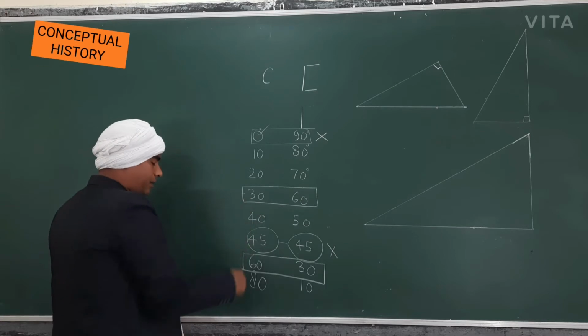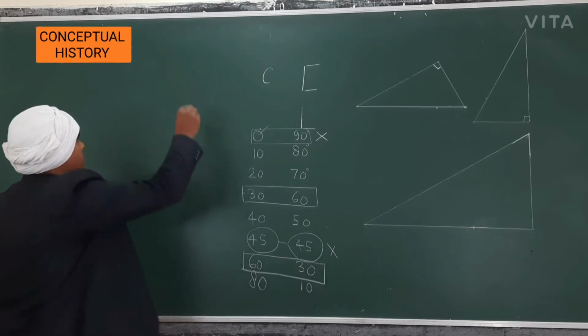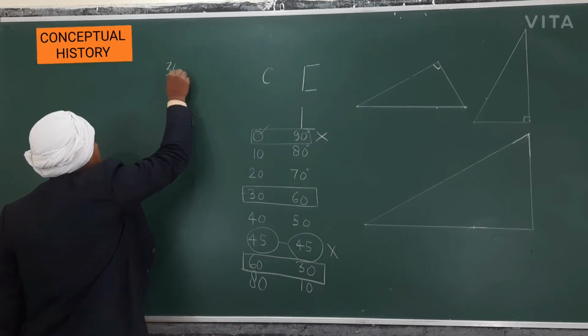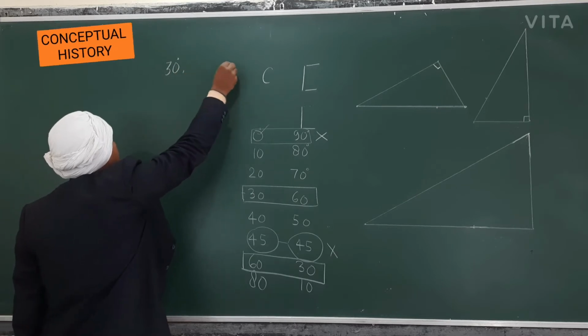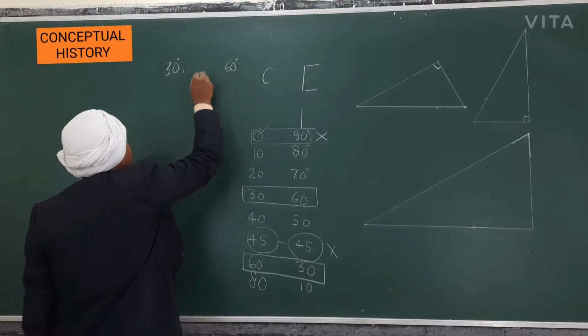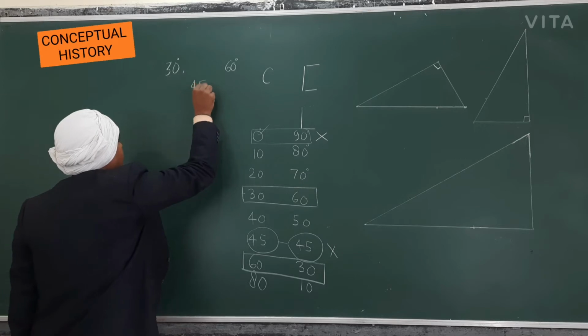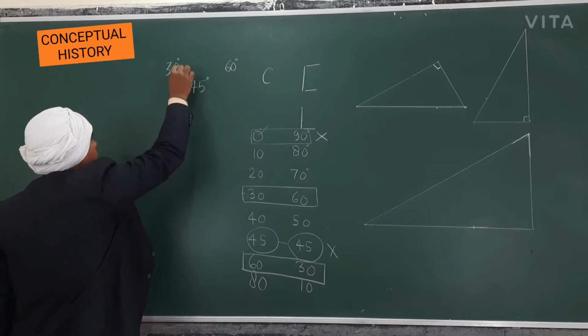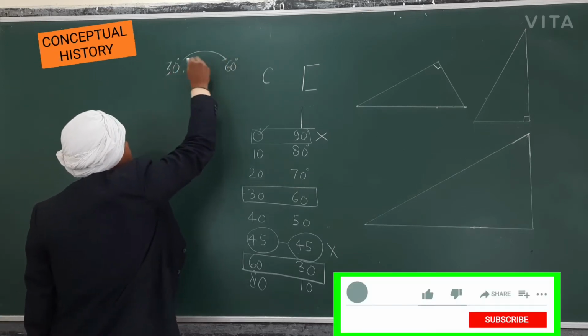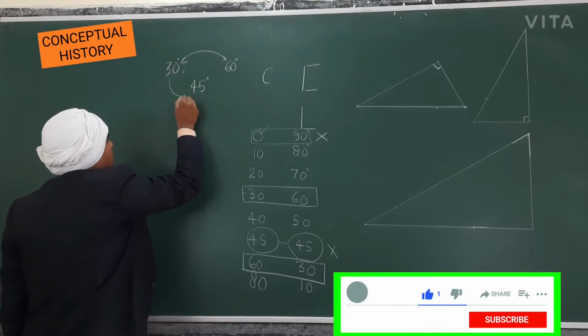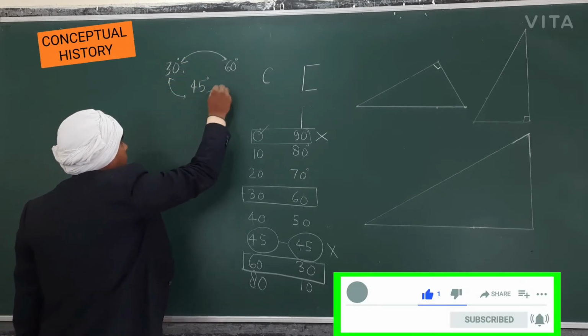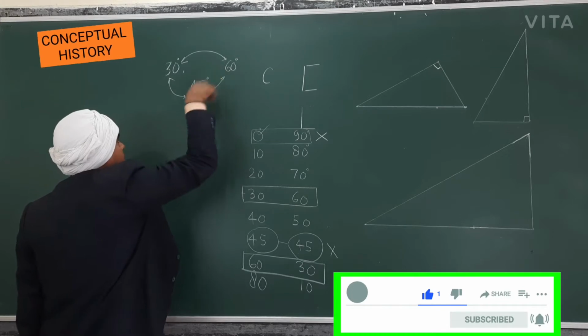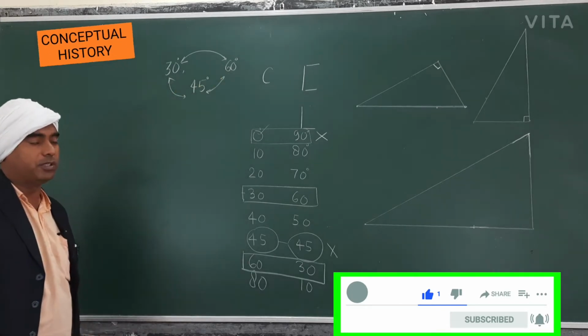Only for your simplicity, all the questions are given here with 30 degree, 60 degree and 45 degree. So sometimes 30 and 60, sometimes 30 and 45, sometimes 45 and 60. Like this, only 3 values will be used.